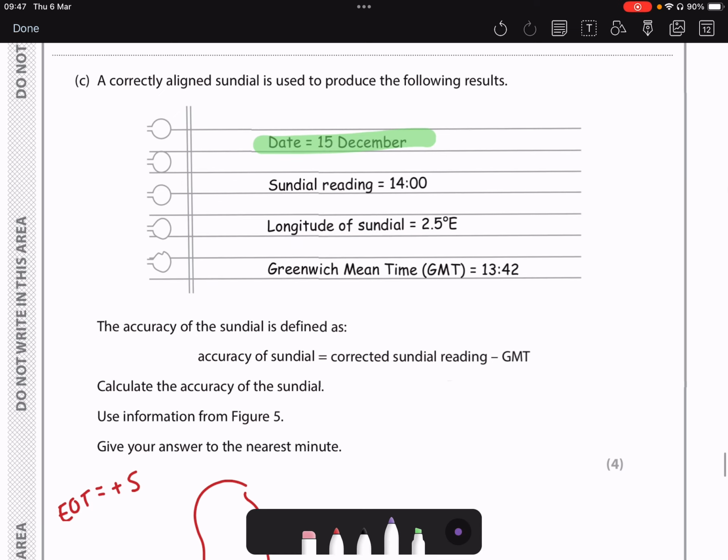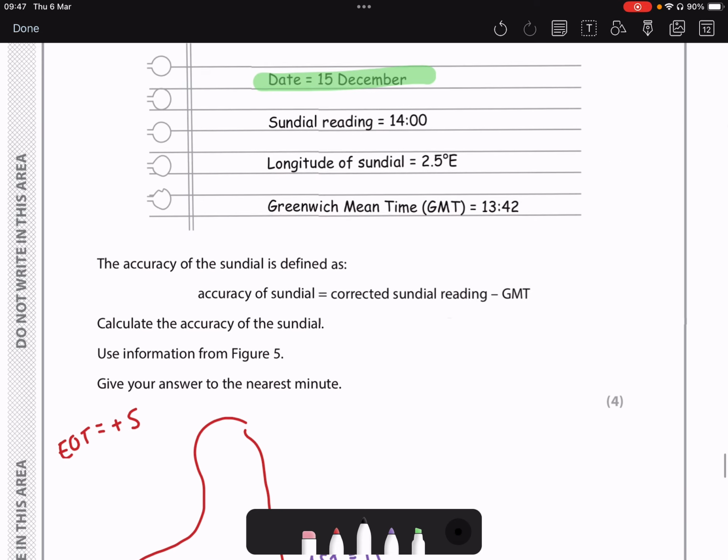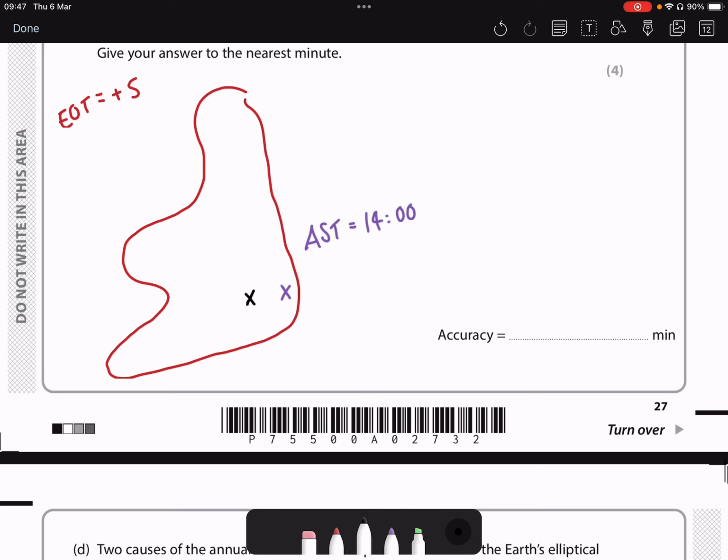Okay, so at our location, sundial reading is 1400. So the AST is equal to 1400. And we also know that in London, it was 1342. So the MST in London was 1342. Okay, we can use our equation of time to actually figure out what the MST was here.